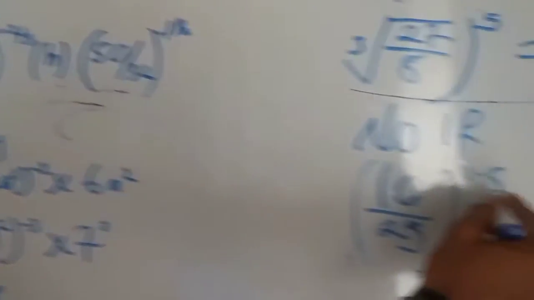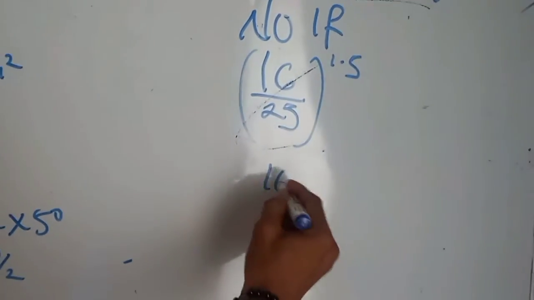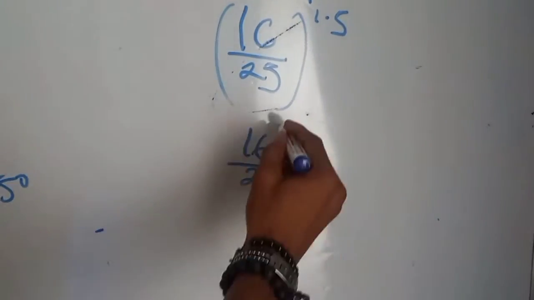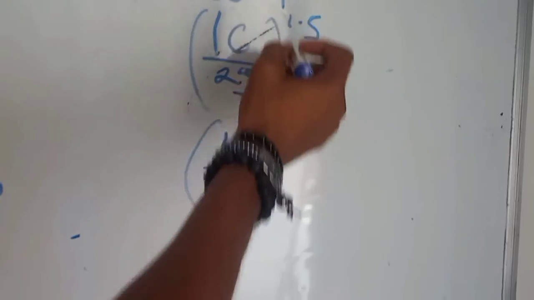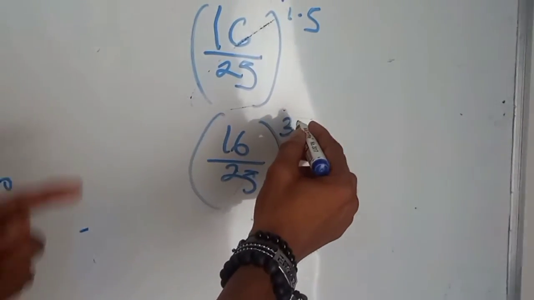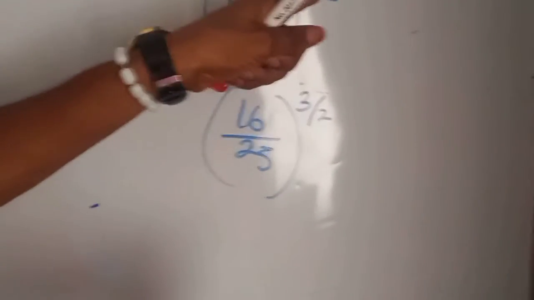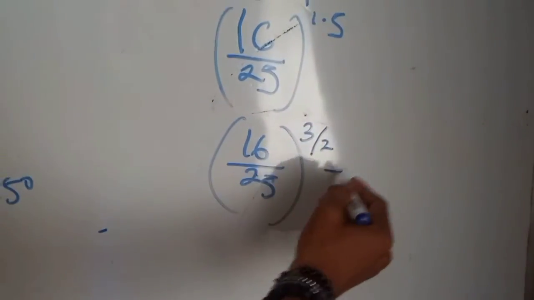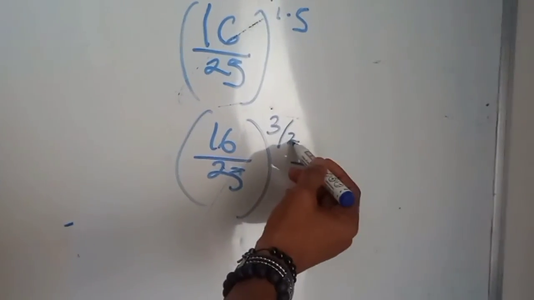Open a bracket, 1.5. That is the question here. So what happens? I will convert this decimal to a fraction, which is 3 over 2. That is the fraction, because if you use your calculator and point 3 over 2, you get 1.5. So we say this is a fractional law, and this 2 means square root.